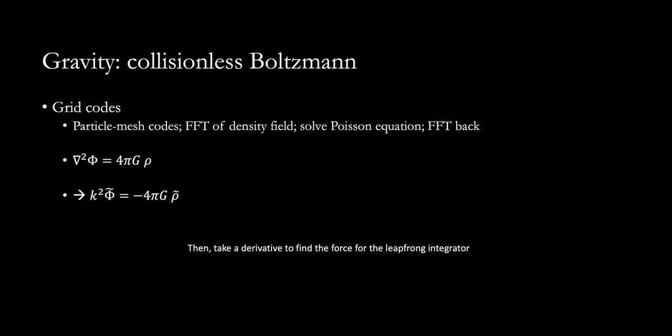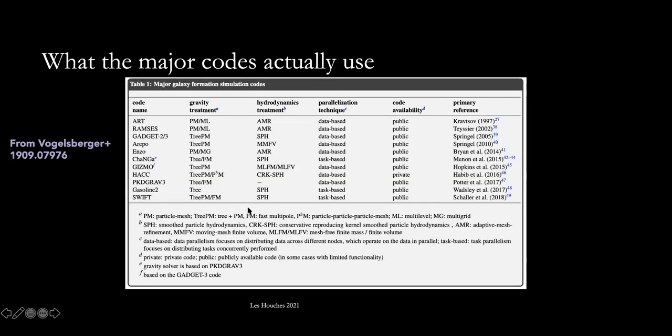This is a summary table from that great review article by Vogelsberger et al., to see what these big code packages use. These are some of the code families. You can see that a lot of these codes are public, so you can download them and play with them.